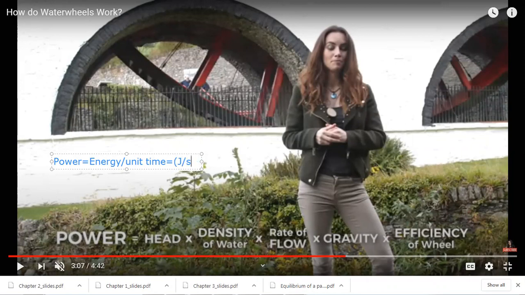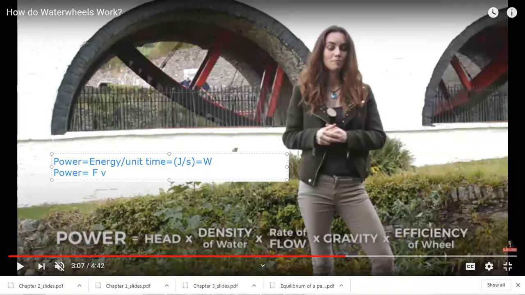Which is equivalent to what? Now, another formula that can give me power is that power is equal to force times velocity. Okay? Why can I write it like this?